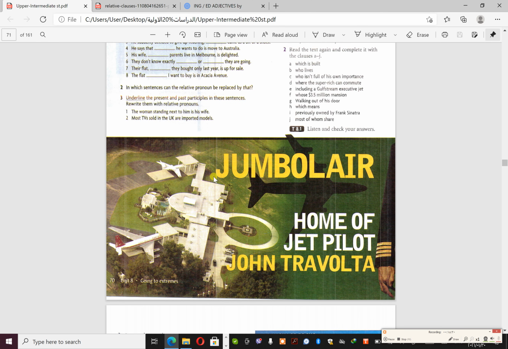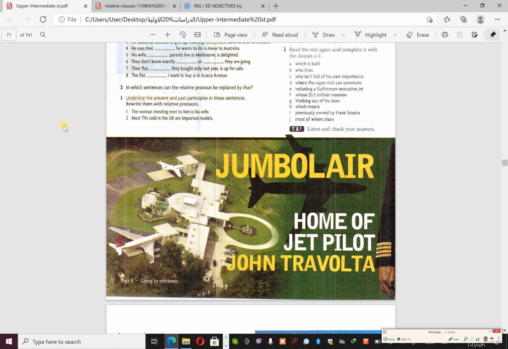Also I want you to do number 3, because sometimes when we give details about the verb, we can delete who or which or that, and then we put ing on the verb. For example, "the woman standing next to him is his wife."